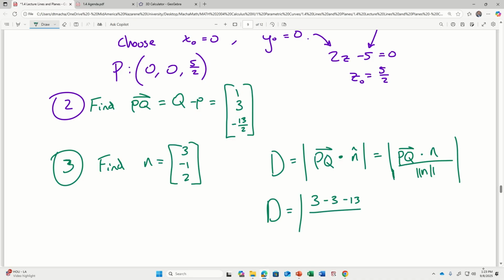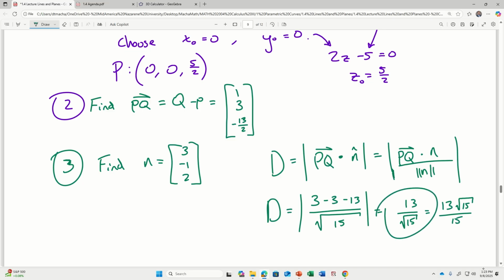The norm of n is going to be the square root of 9 plus 1 plus 4. So it's the square root of 15. So the distance is 13 over square root 15. Or you could also say 13 square root 15 over 15 if you want to, but it doesn't matter. That's fine.